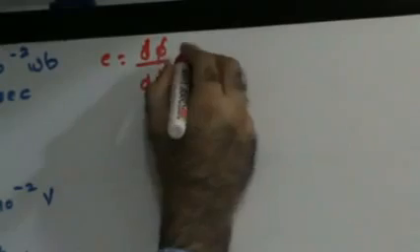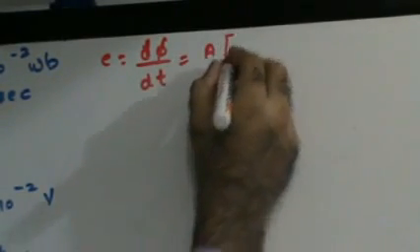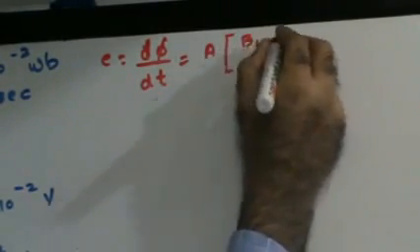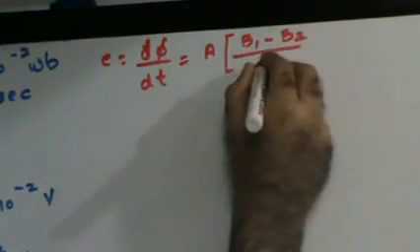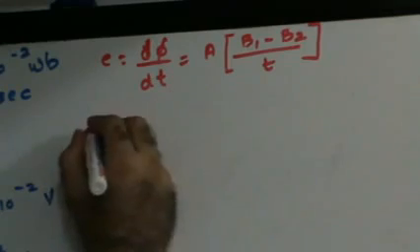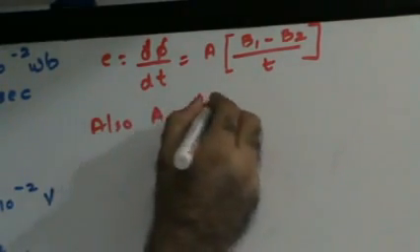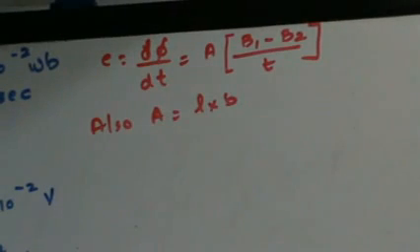EMF is change in flux upon time, which is nothing but A into initial magnetic induction minus final magnetic induction upon time. You know the initial magnetic induction, you know the final magnetic induction. Since it's a rectangular coil, A will be nothing but length into breadth.